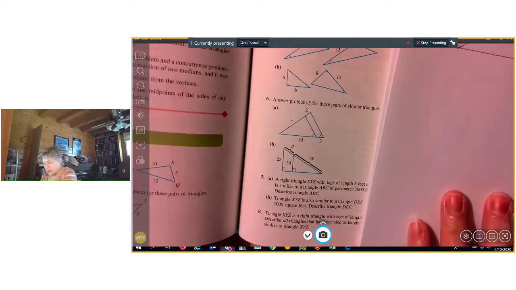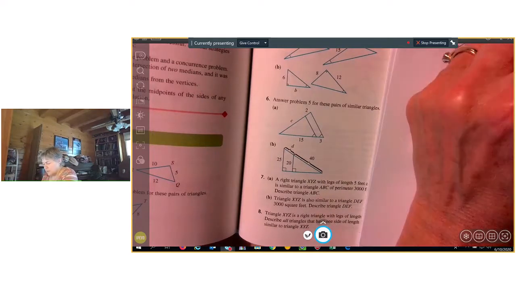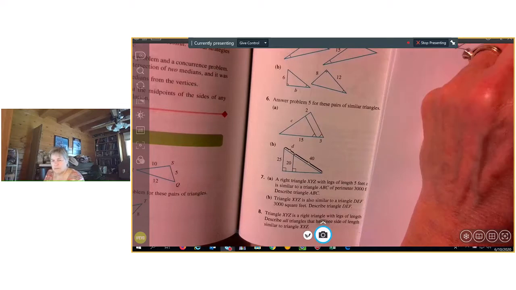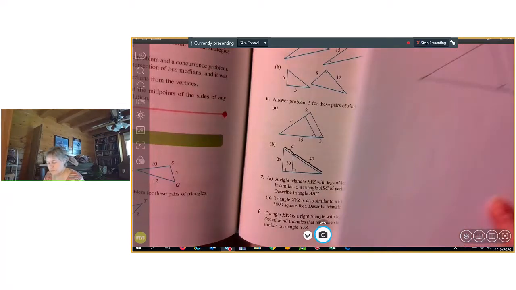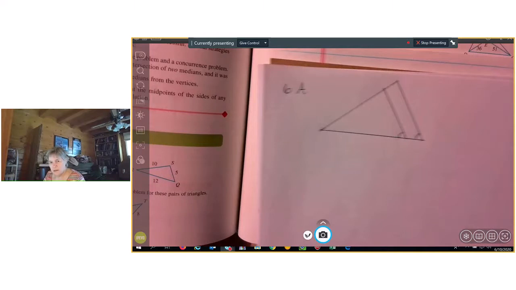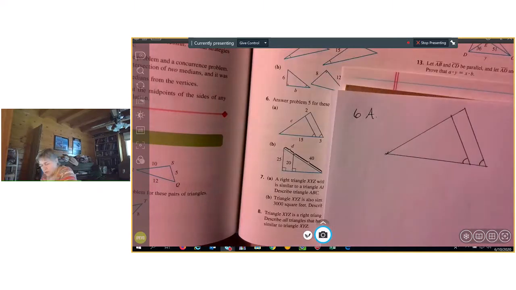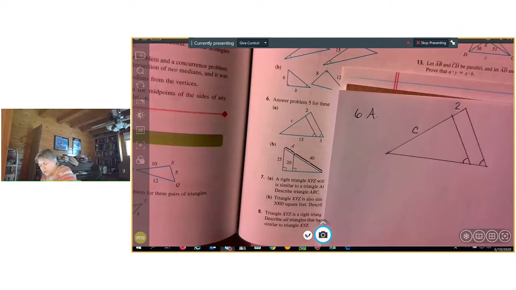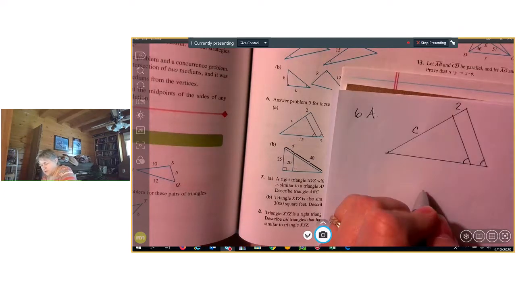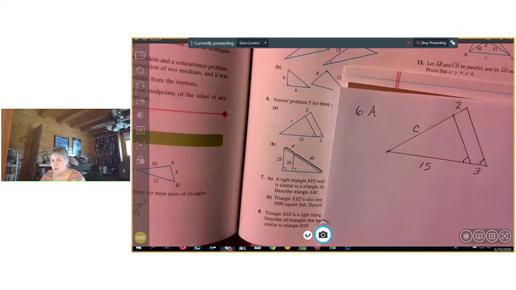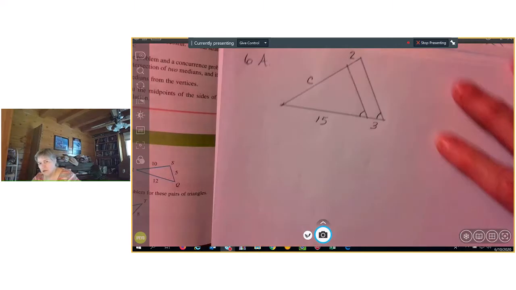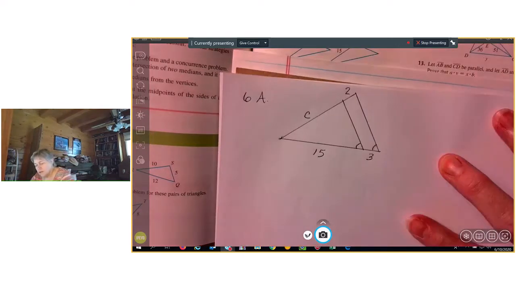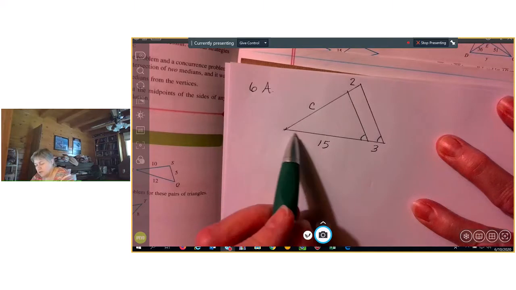Okay, and we're told that this angle and this angle are the same. And then in the picture, we're told that this is C, this is 2, this is 15, and this is 3. Now, when you're looking at this, you also need to know that this 15 is just this piece.